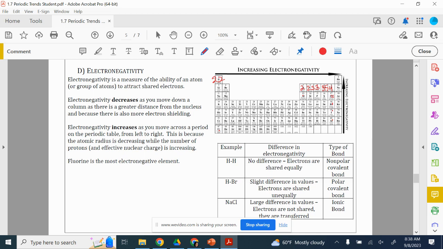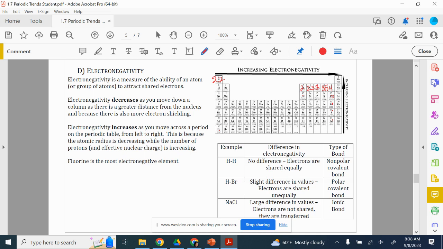Okay? Now, why do you need to know this? Well, we need to talk about these electronegativity differences because that's going to determine what type of bond we're going to form or what type of character that bond is going to have. Okay? So, if we do electronegativity difference, so what are we doing mathematically? Subtracting. Okay?